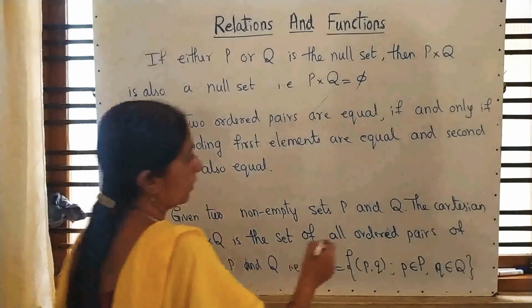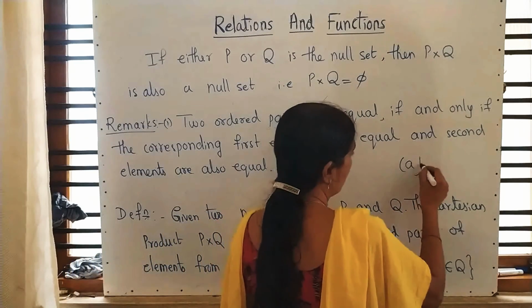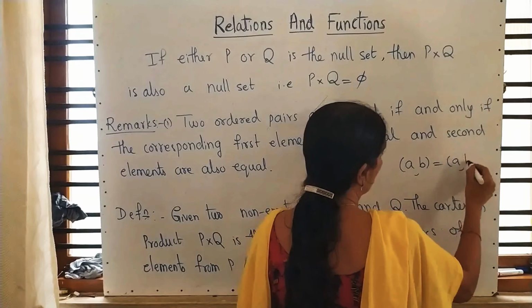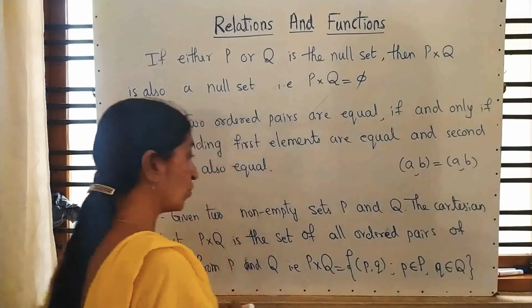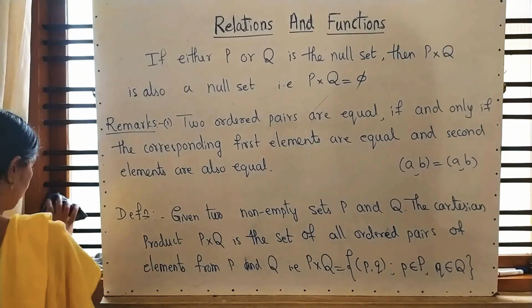Correct or not? If a is equal to b, then only you can say that the two ordered pairs are equal.